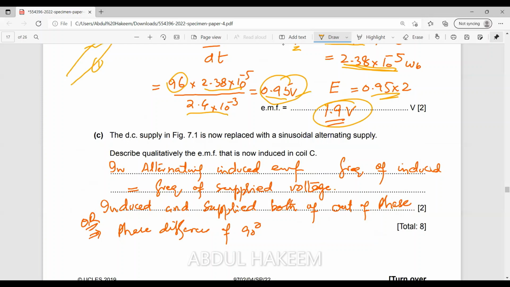So in alternating induced EMF, the frequency of the induced current is exactly equal to the frequency of the supplied current, or the frequency of the induced voltage is equal to the frequency of the supplied voltage. And the second, induced and supplied voltage are out of phase, or you can write they are at a phase difference of 90 degrees. Or you can write both are not in phase because their difference is 90 degrees.